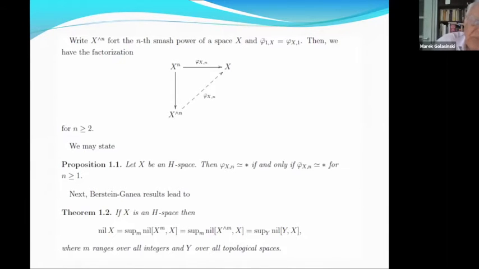And we have the following fact. Let X be any H space. Then phi_n is homotopy trivial if and only if phi bar_n is homotopy trivial.